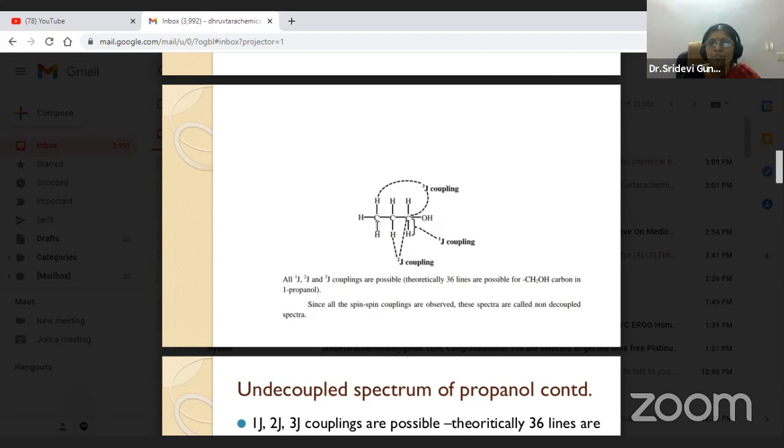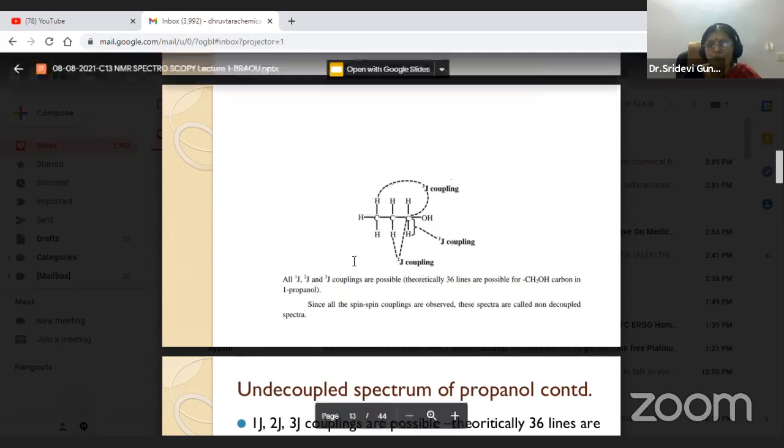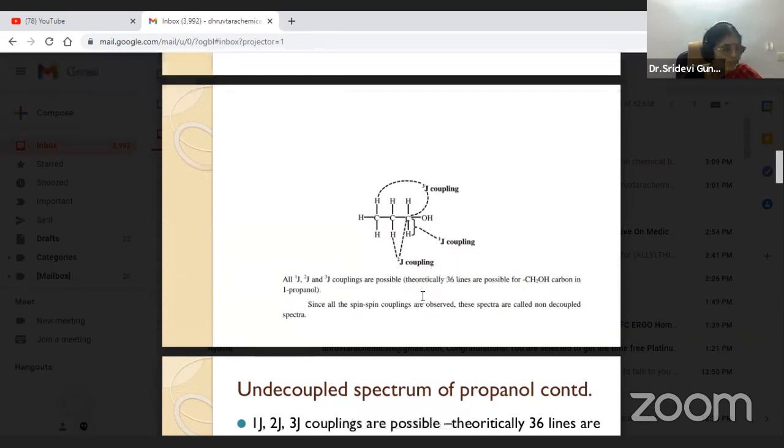For C type protons, which are 3: 2 × 3 × half plus 1. If you calculate, it will be 36 lines.